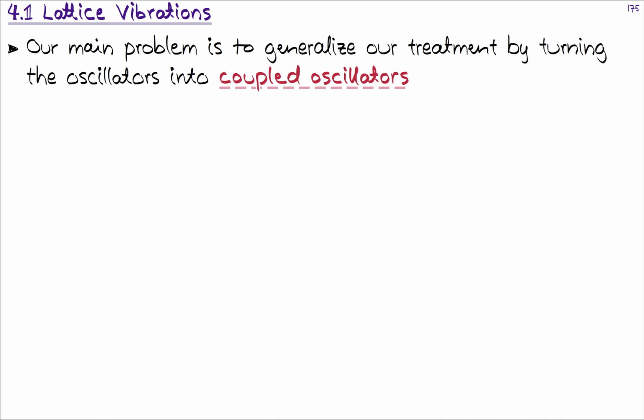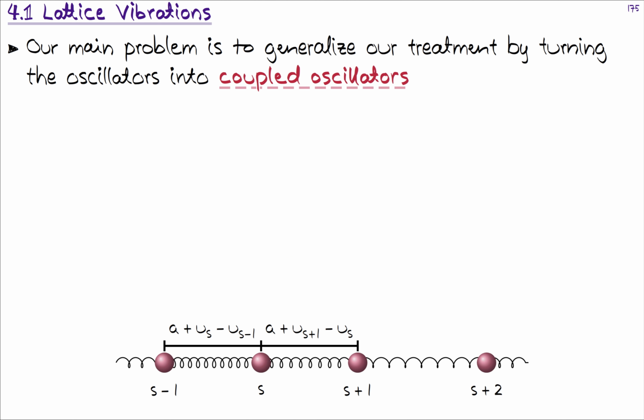And this causes the oscillators to be coupled, and the whole system becomes a coupled oscillator system. And this is graphically described by this figure. So instead of each of these spheres being independent of each other, we imagine that they are connected via springs. And this is the coupling that takes place between adjacent atoms.